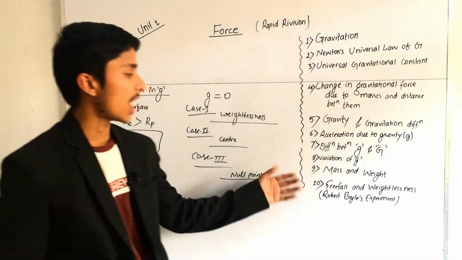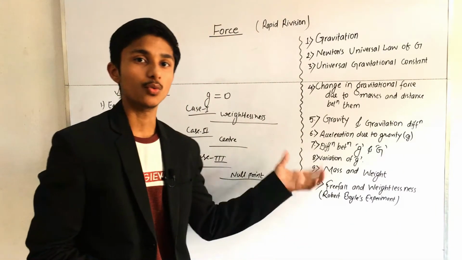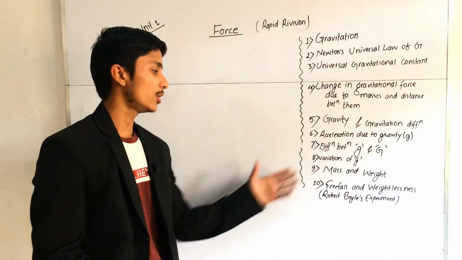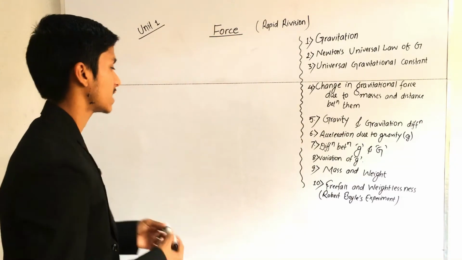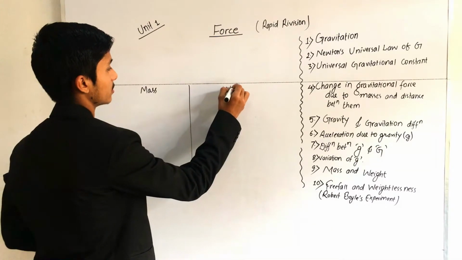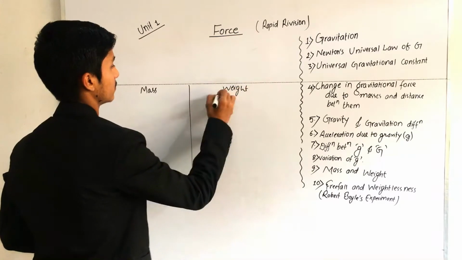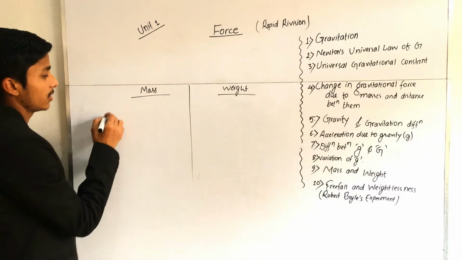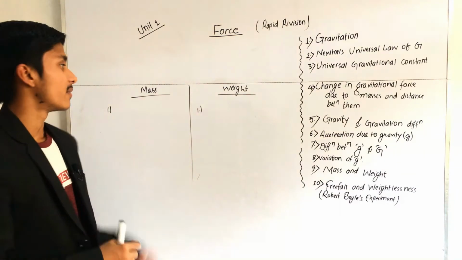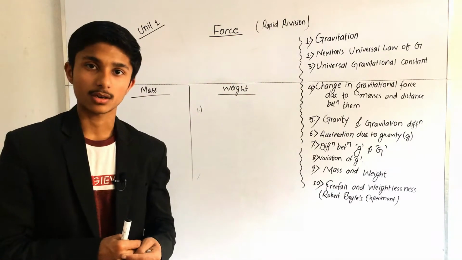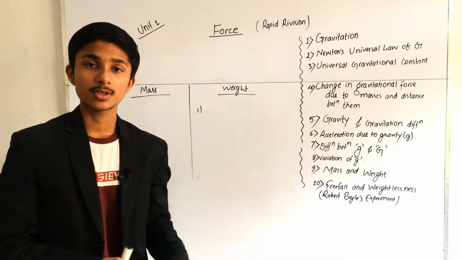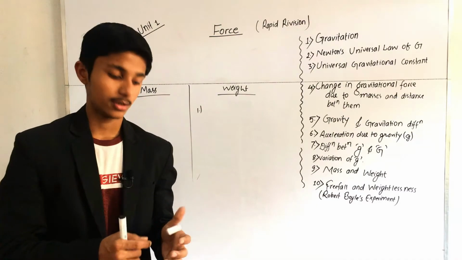We move to now our next topic, that is mass and weight. Under this topic, we only discuss differences between mass and weight. What will be the difference between mass and weight? Here, first one, we can say what is mass. It is total amount of matter contained in a body. It means number of atoms or molecules present in a body.